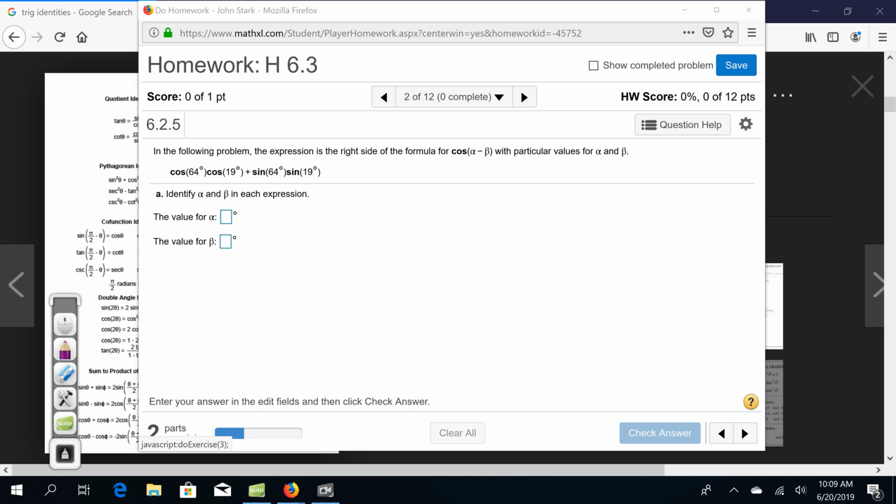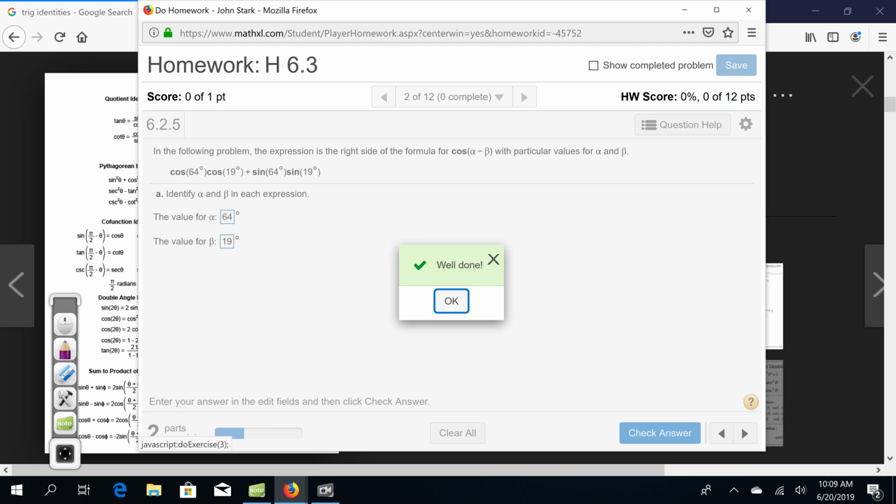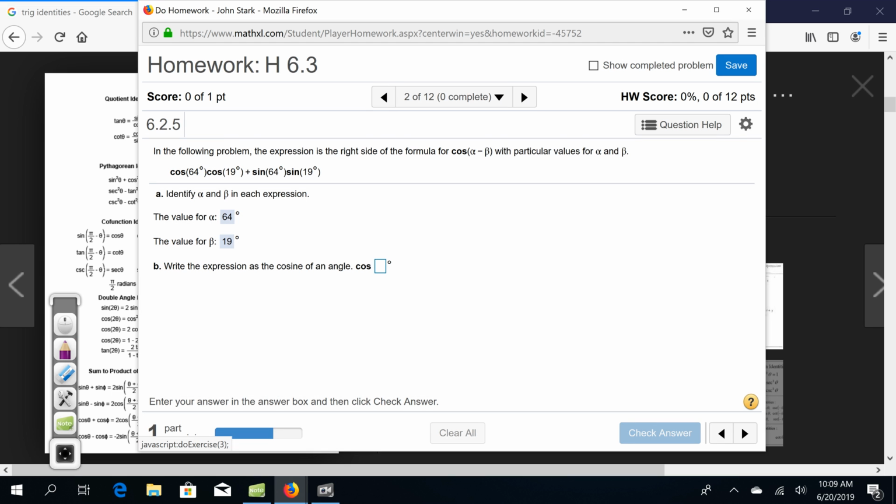So in this expression, I have figured out that I'm looking at A minus B. All right, A is going to be the first angle, B is going to be the next angle. So I'm going to type 64 for A and 19 for B. And I want to check my answer. Well done. Okay, so now we move on to the next part.